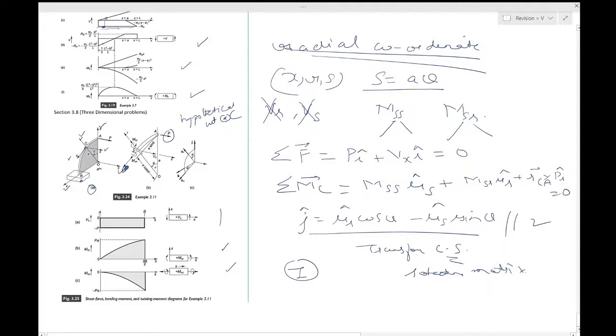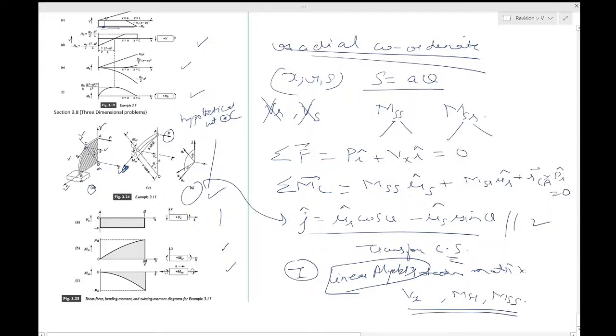So you can utilize this particular diagram to arrive at this, because this is easy, but better you should know the transformation. And transformation you must have learned in your course in linear algebra. I don't know what maths course that is, but wherever you have this linear algebra, you should be able to do that. Once you have this, you will get the value of Vx, you will have a value of MSR and MSS. So that is a discussion on this particular topic.